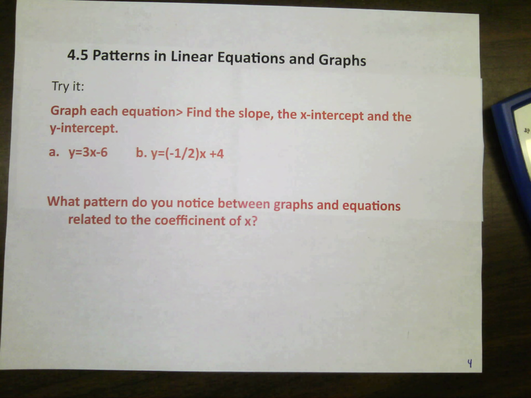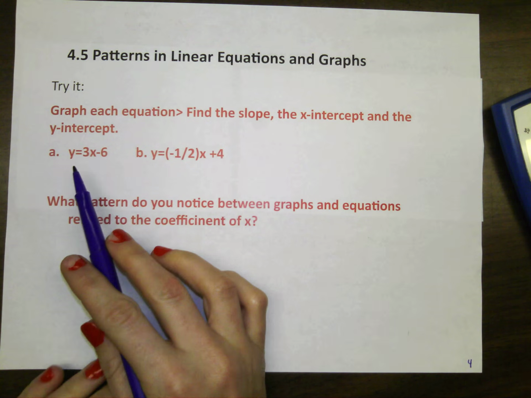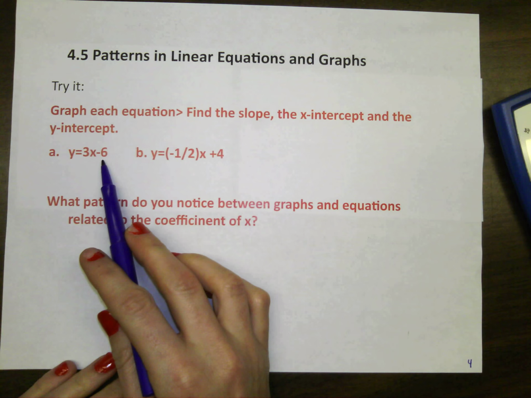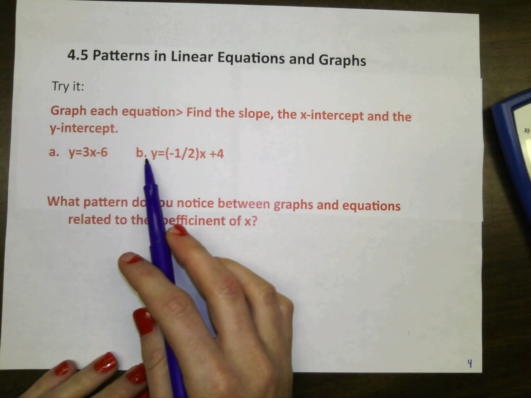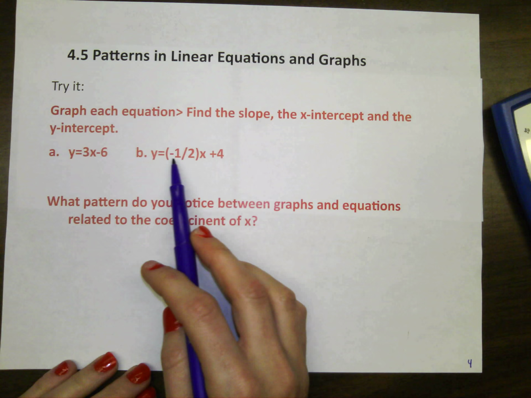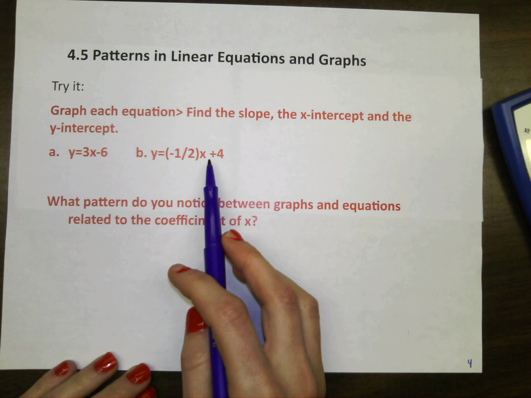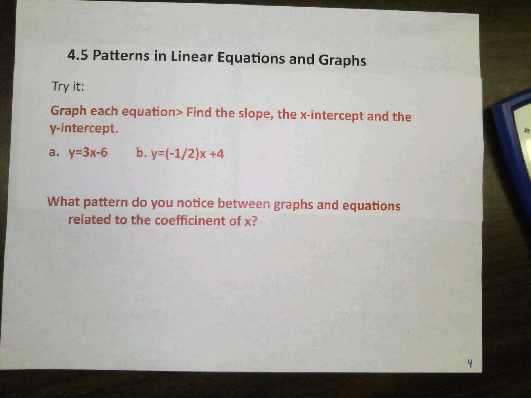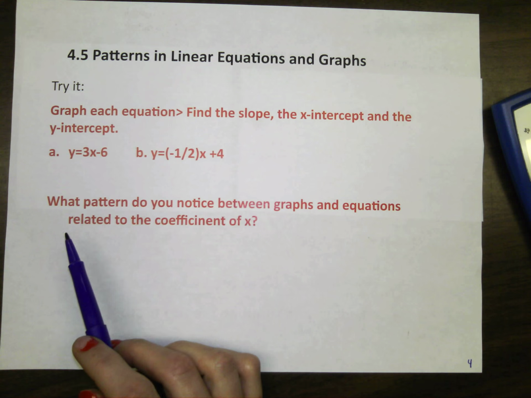And lastly, I want you to try a few on your own. So I want you to graph each equation and find the slope, the x-intercept, and the y-intercept. For a, y equals 3x minus 6, and b, y equals -1/2 x plus 4.